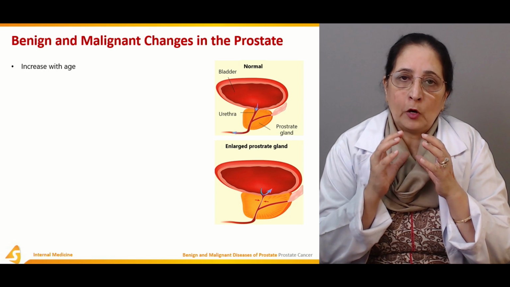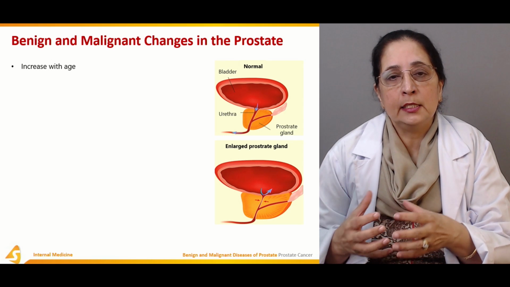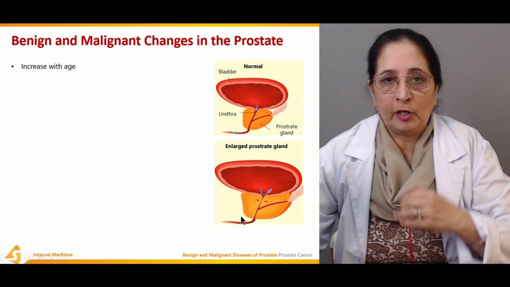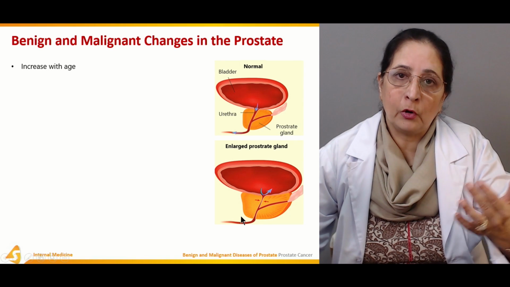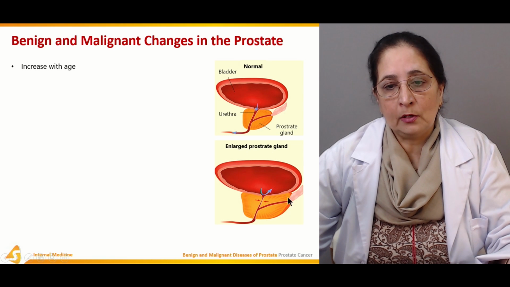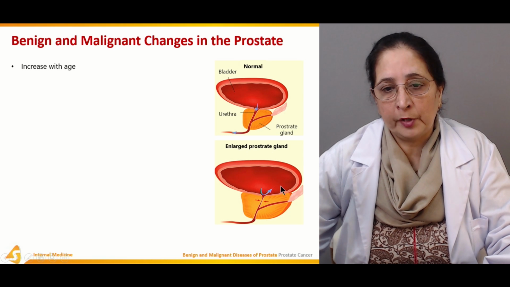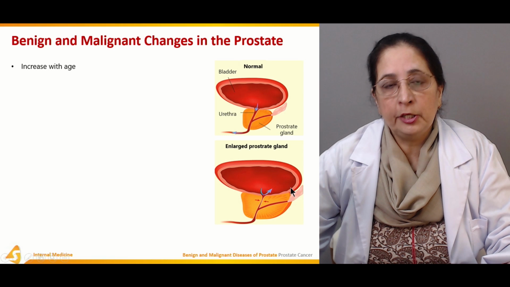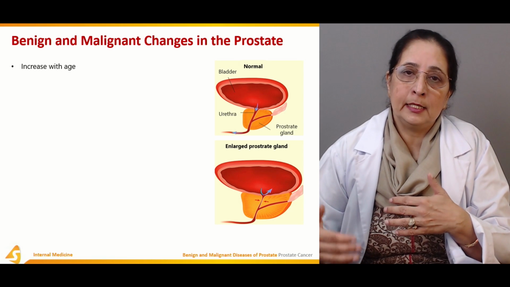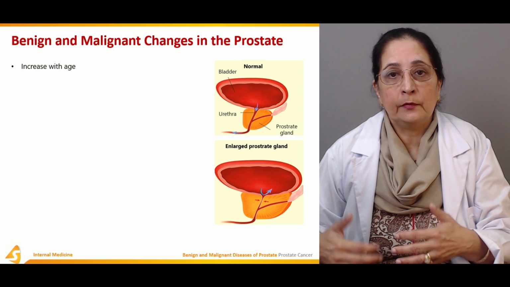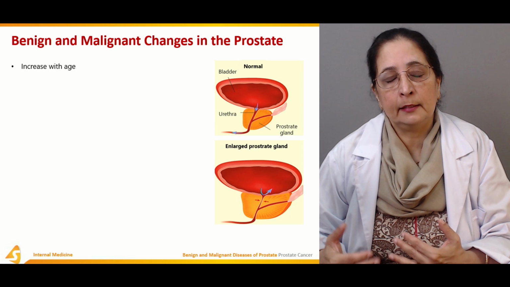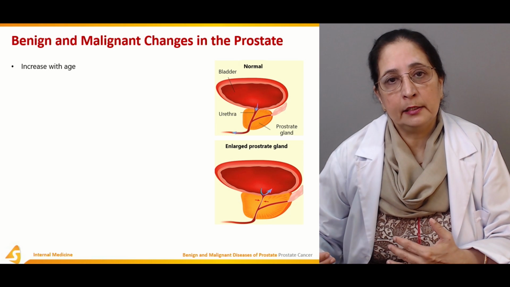When the prostate gland enlarges, it puts pressure on the urethra, which leads to backflow of the urine. You can see the bladder is also full of urine, and this causes urinary retention. Then we will discuss the different symptoms and signs of prostate hypertrophy or prostate cancer.